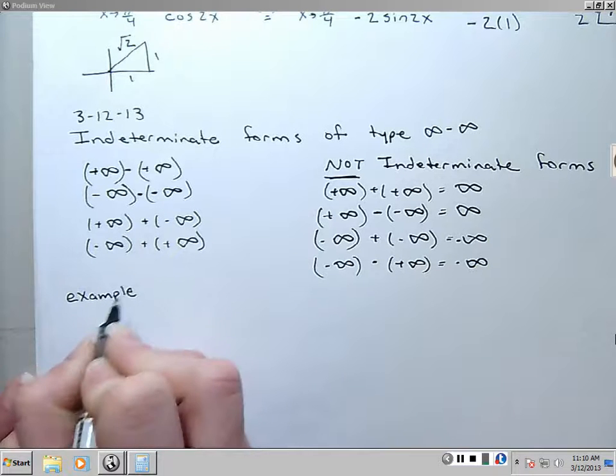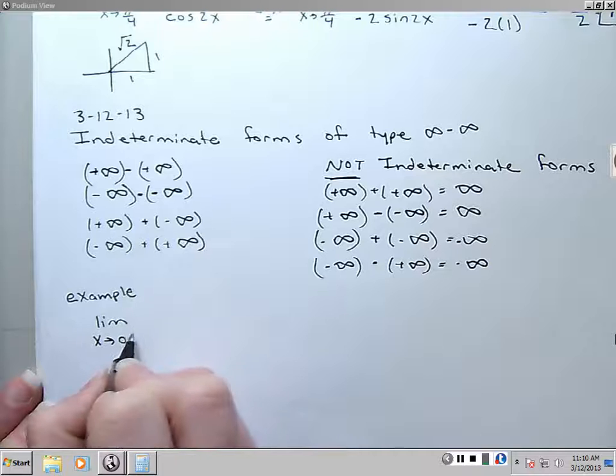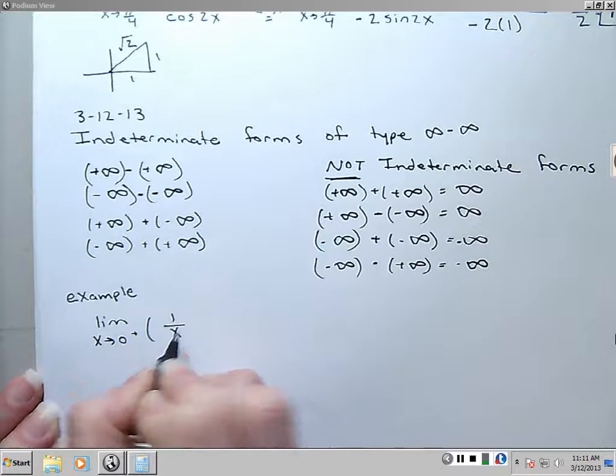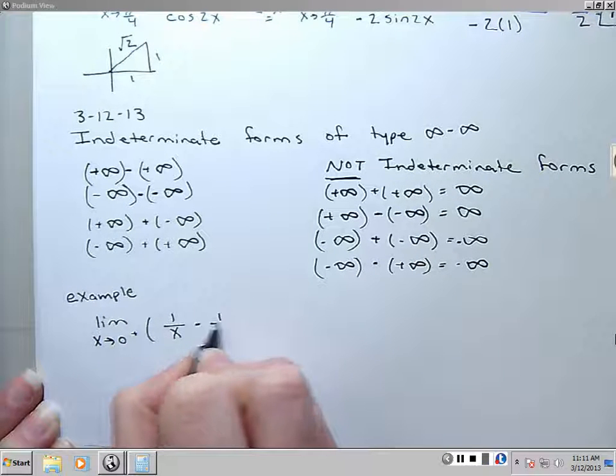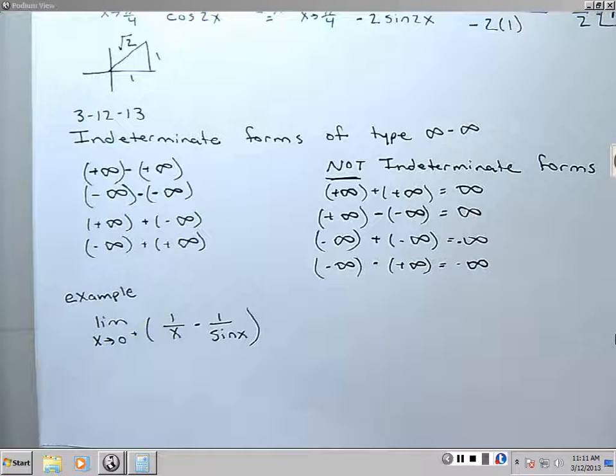So let's look at an example. If I take the limit as x goes to 0 from the right, 1 over x minus 1 over sine of x. So what type is this?